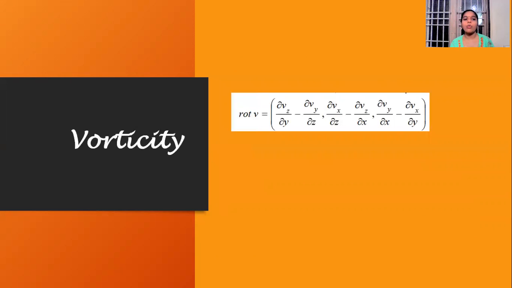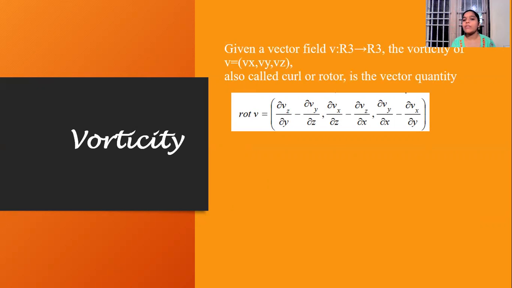The next one is vorticity. What is vorticity? For any given vector field V that maps from R cube to R cube, with V equal to (Vx, Vy, Vz), the vorticity is also called curl or rotor, and it is a vector quantity. This is the formula of the vorticity.